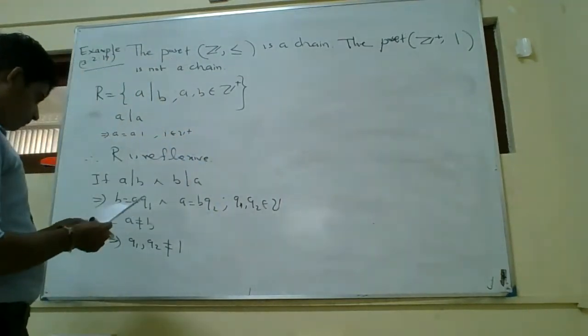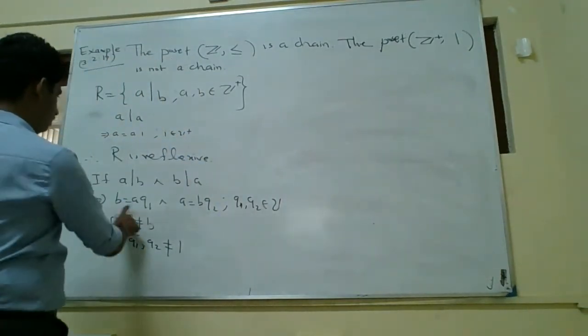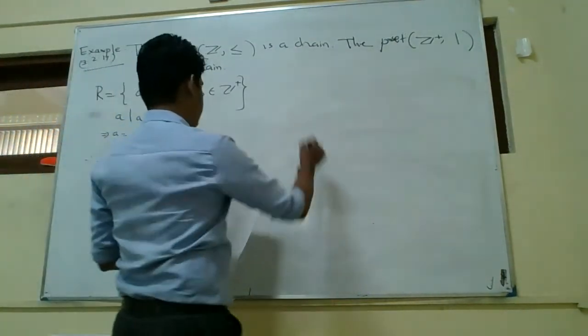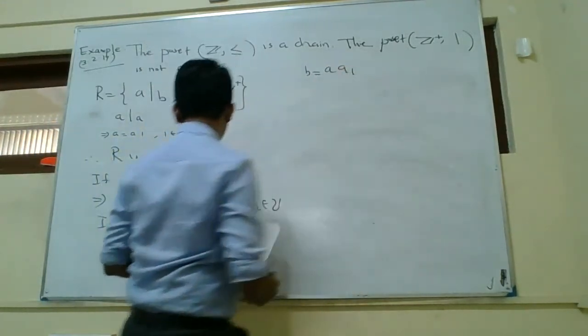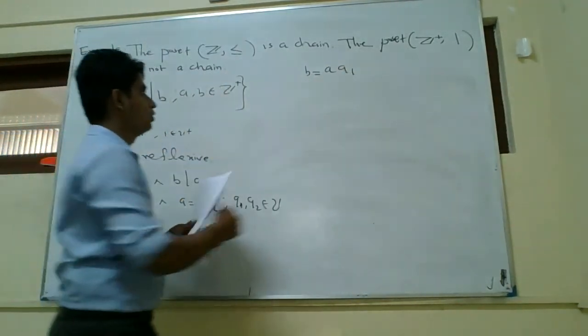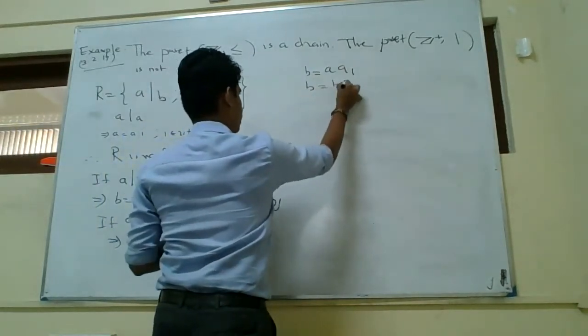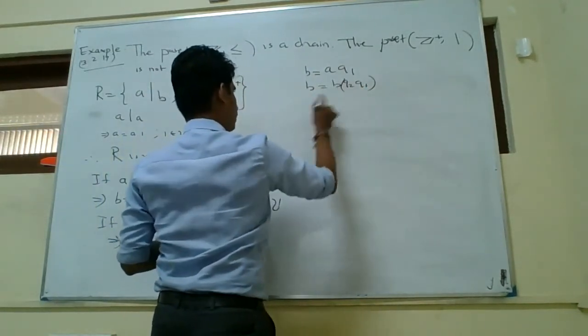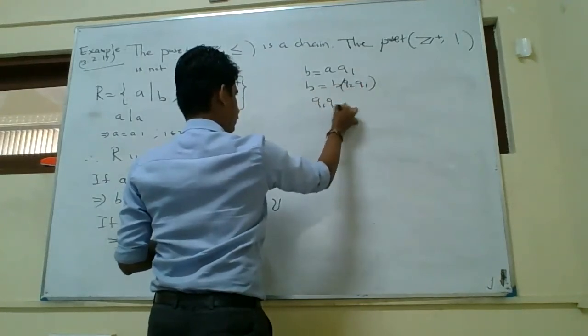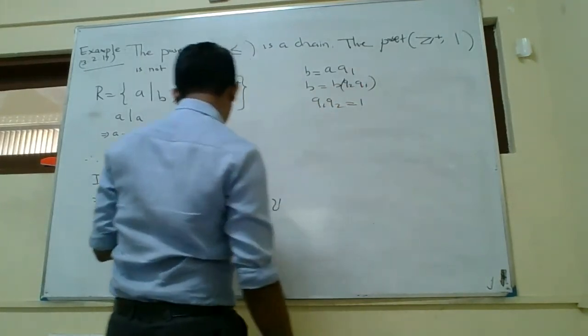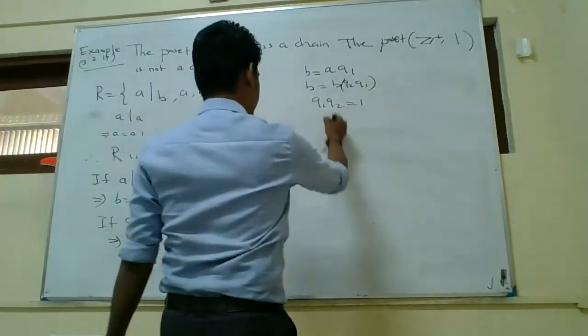So now you have this formula. From these two, B equal to A Q1 and A equal to B Q2. Therefore B equals B Q2 Q1. Now B equal to B is only possible if this product should be 1. It is a contradiction. Why?